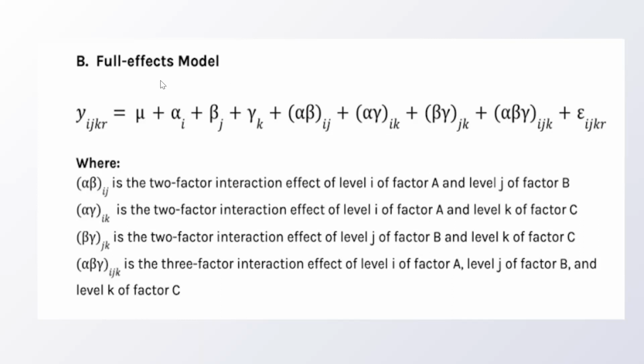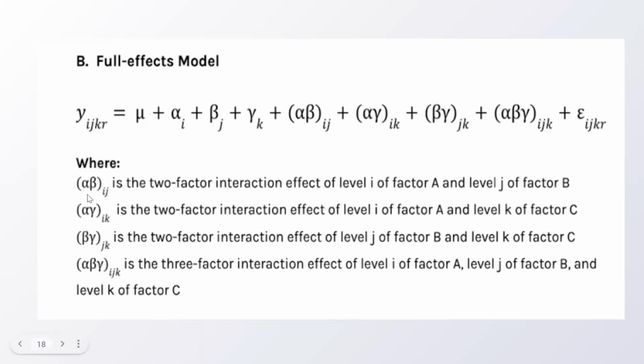Ayan. Ito po yung full effects model. Full effects model po siya kasi lahat ng klase ng interactions AB, AC, and BC, and ABC, kino-consider niya. Yung interaction ni AB, yung interaction ni AC, interaction ni BC, and ano kaya yung interaction pag nagsama-sama silang tatlo. So, ganun.